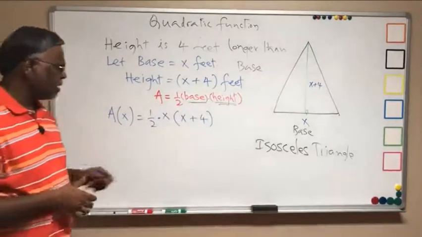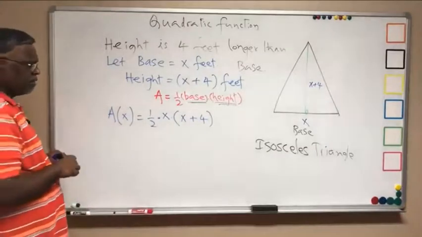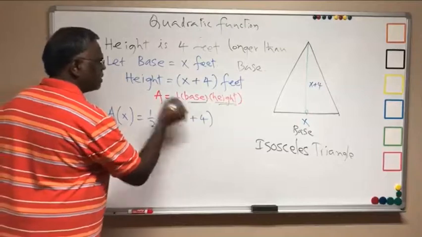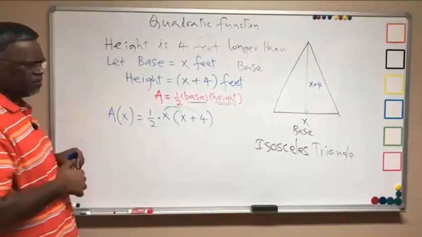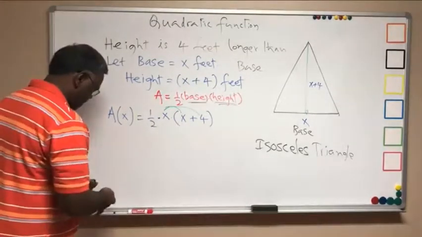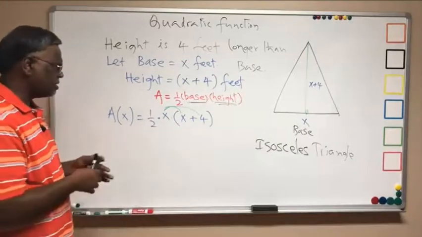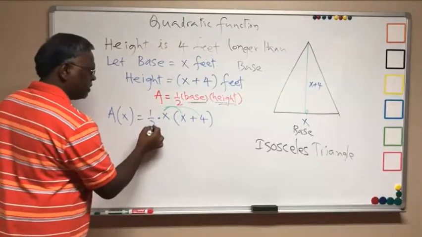Now I will use the distributive property. There are multiple ways of doing this multiplication. Half times x is half x.